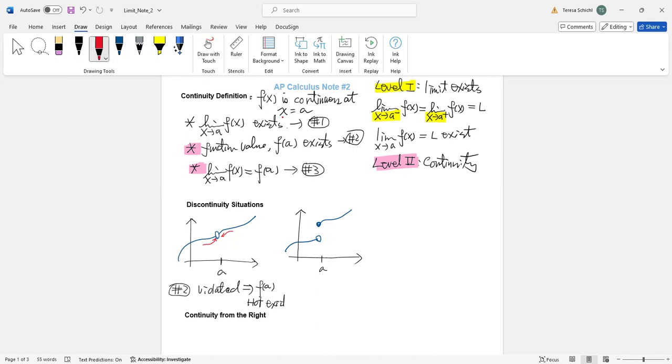If I approach a from the left-hand side, I approach this value, but approaching a from the right-hand side, I approach this value. So which condition is not satisfied? Condition number 1 is violated, because the limit as x approaches a of f of x does not exist.